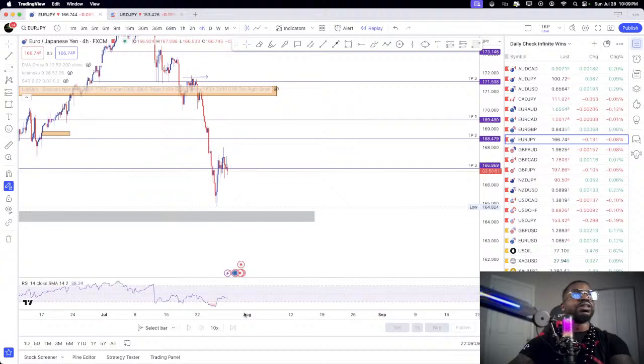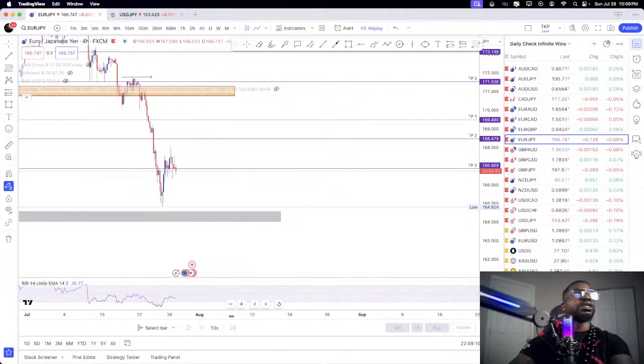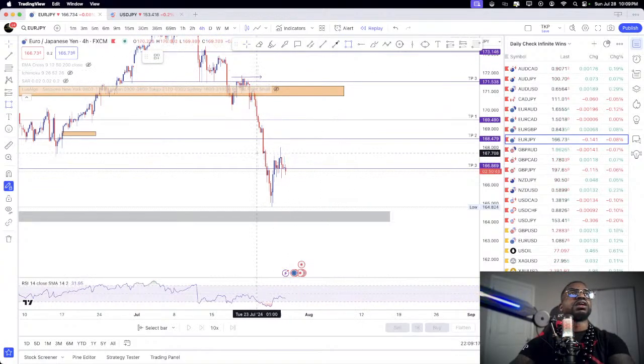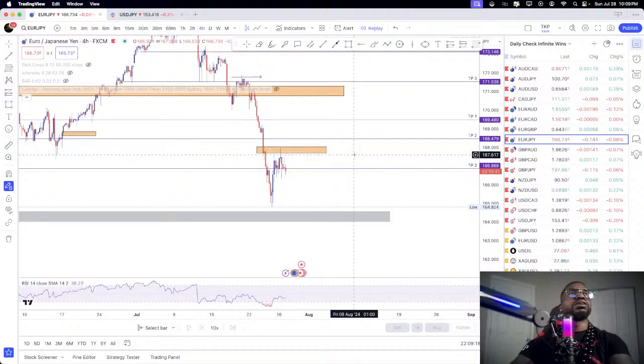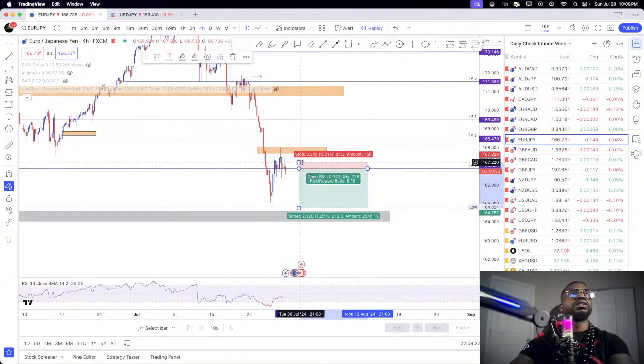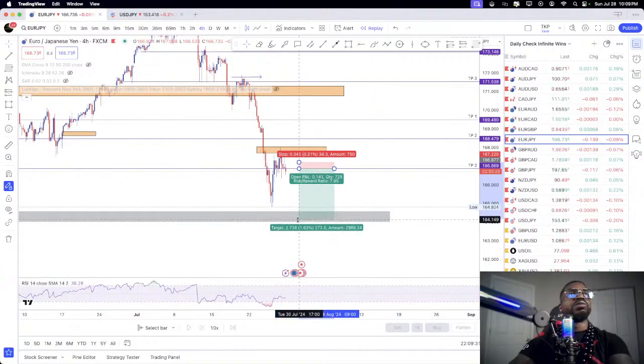So I really wouldn't get into these trades too much if you're not already in. This looks like this could be a nice continuation to the downside. I'm going to have to look at this during London. Oh, that's a nice 1 to 8.